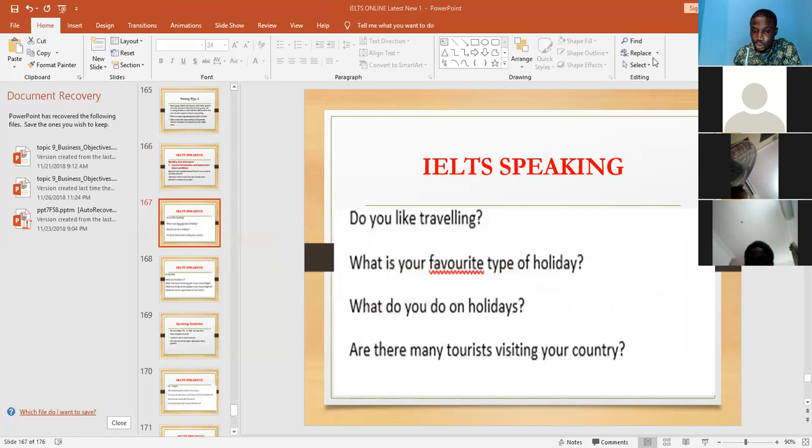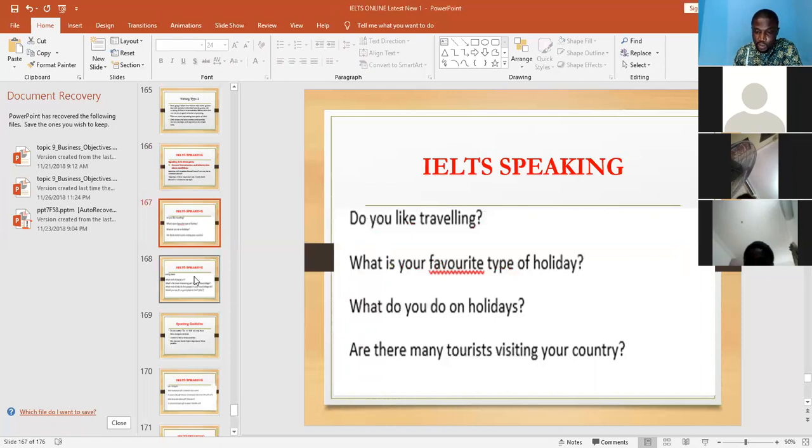These are sample questions that are asked in the first section. The examiner might even ask, do you work or study? Those are the types of questions that are normally asked in the first section.